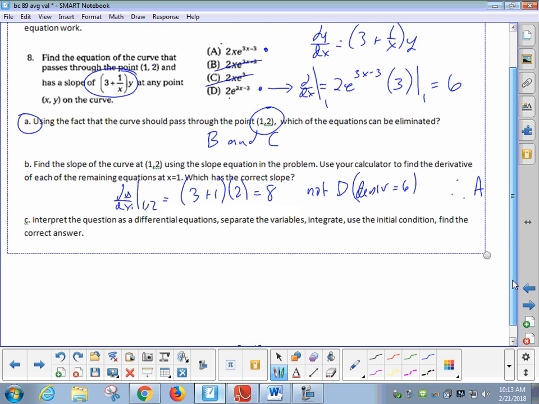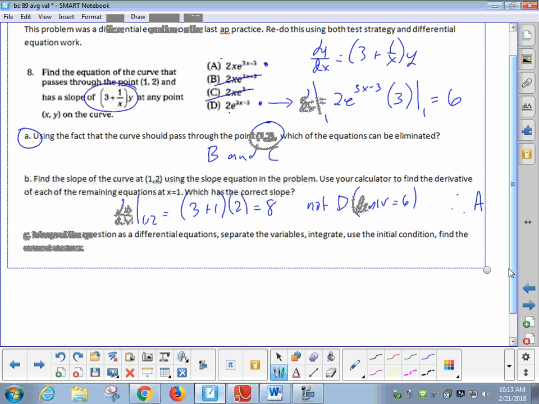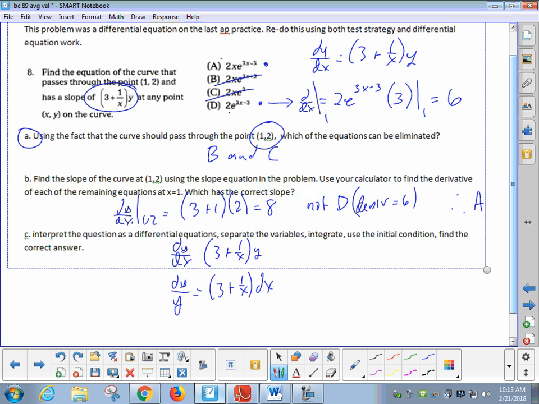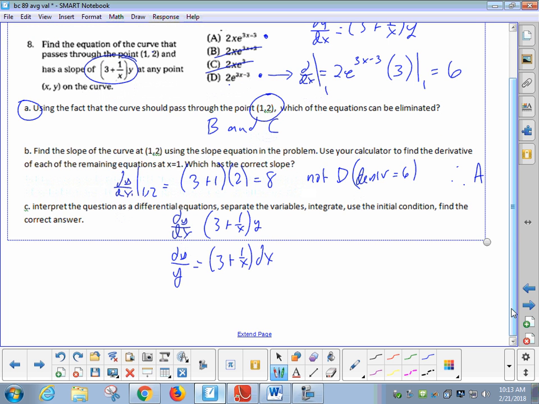Now, you could also do it the separation of variables way. And so that is the kind of the skill of the day, so I wanted you to get practice on that too, just to compare and contrast. But natural log of the absolute value of y equals 3x plus natural log of the absolute value of x plus a c.